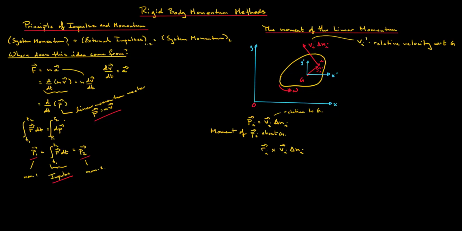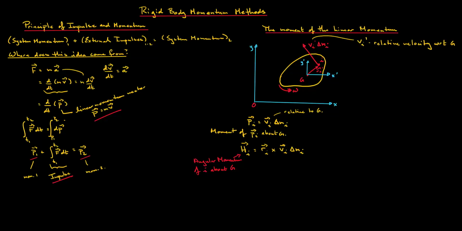And we call this the angular momentum. So this is the angular momentum of particle I about the axis passing through the center of mass, G. Okay.